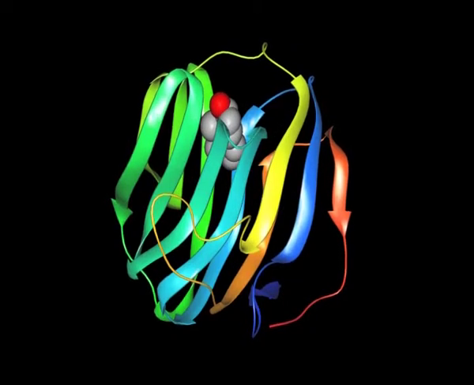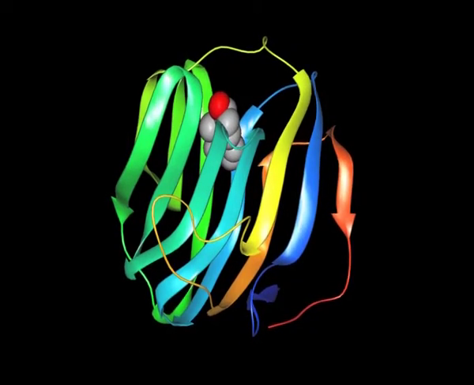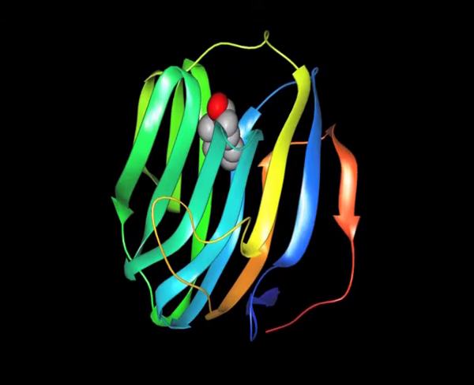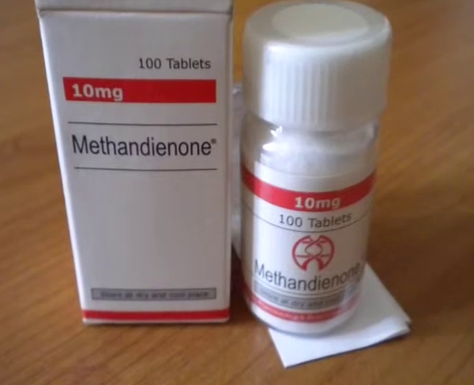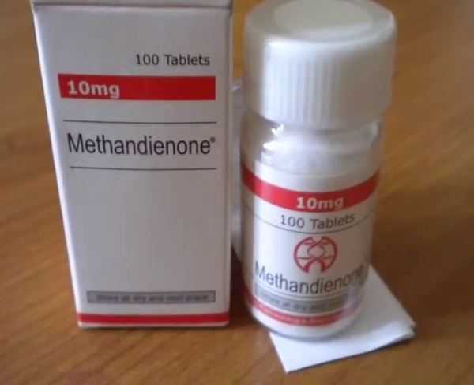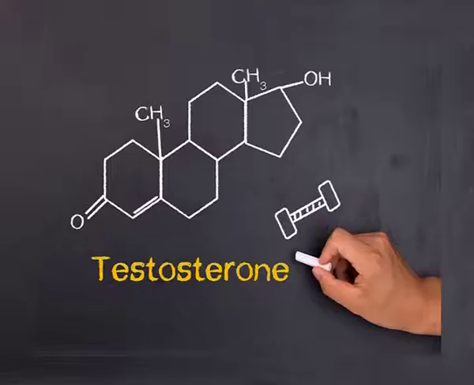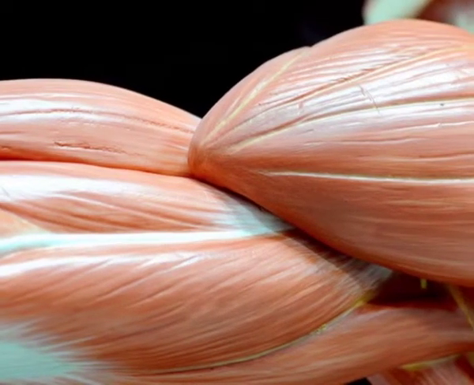It also has the effect of decreasing the steroid's affinity for the sex hormone binding globulin, a protein that deactivates steroid molecules and prevents them from further reactions with the body. As a result, methandienone is significantly more active than an equivalent quantity of testosterone, resulting in rapid growth of muscle tissue.